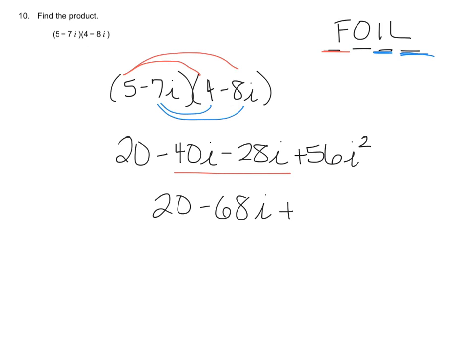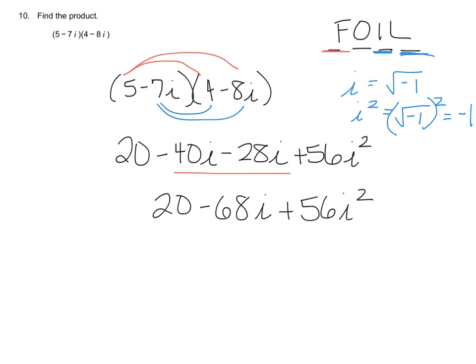Now I have 20 minus 68i plus 56i squared. Now, like we said before, i equals the square root of -1. So i squared equals the square root of -1 squared, which is the same thing as just negative 1.